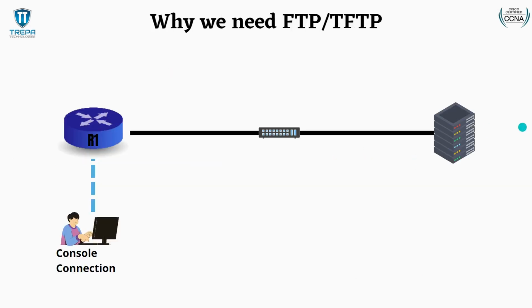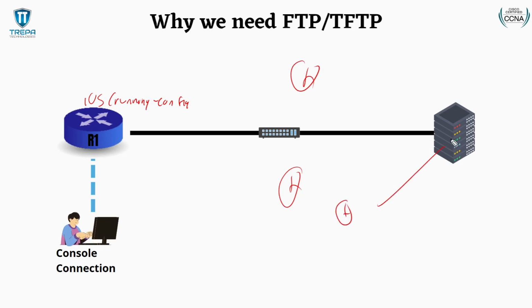And then why we need it. We kind of just went over that, but as far as networking goes, we need FTP and TFTP as a way to transfer our IOSs, back up running configs, or a way to upgrade multiple routers' IOSs, all from one TFTP or FTP server.